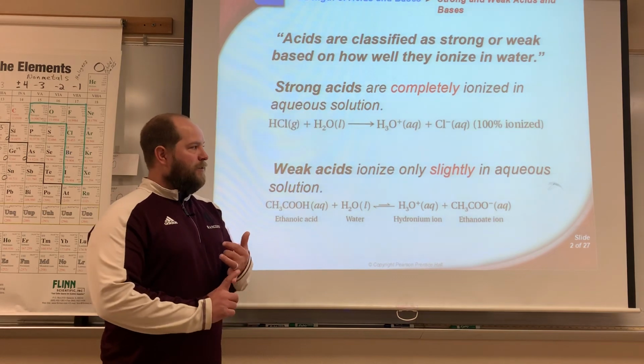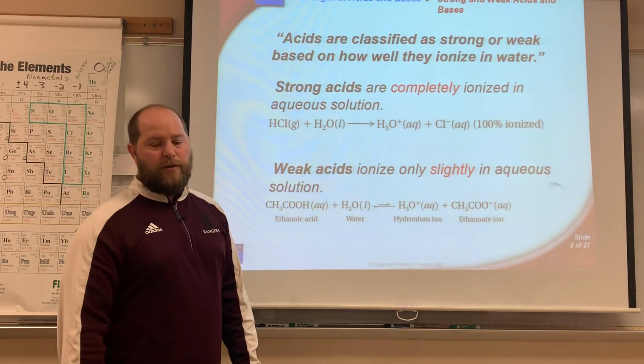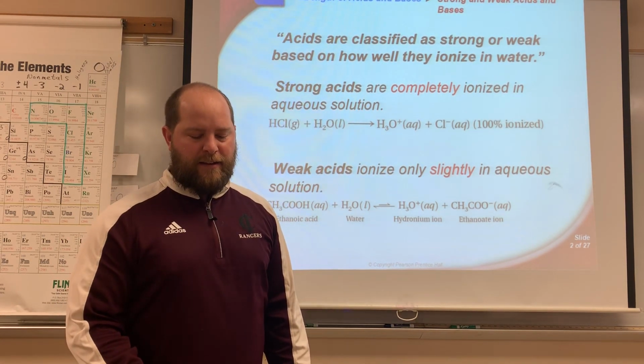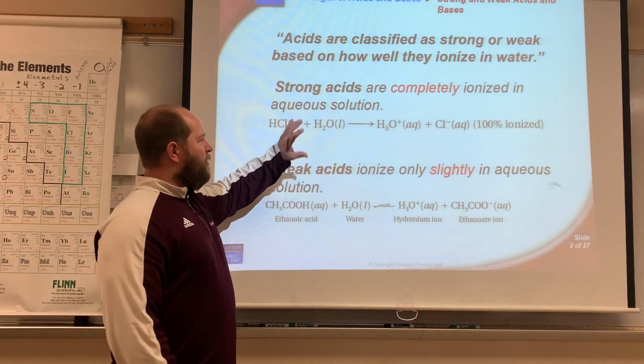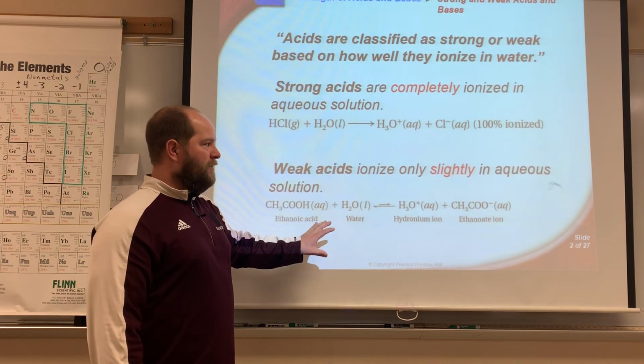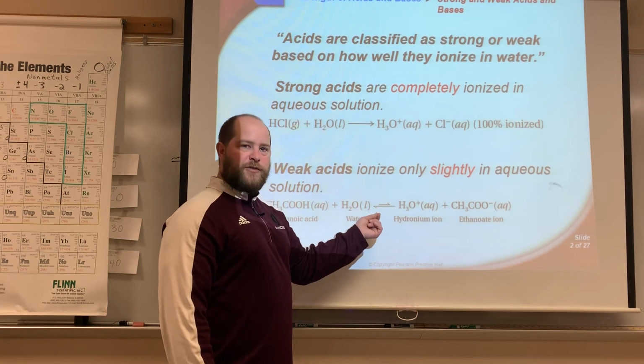So weak acids only slightly ionize, whereas strong acids completely ionize. Strong acids are in their own category. Now for weak acids, how do we tell which one is stronger than the other?